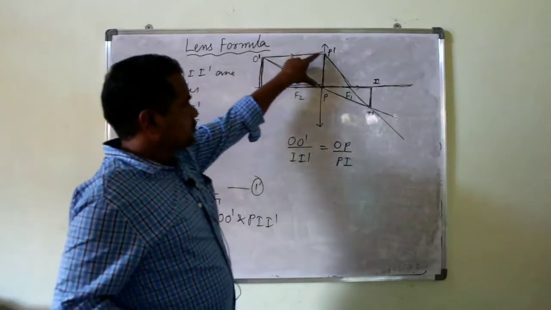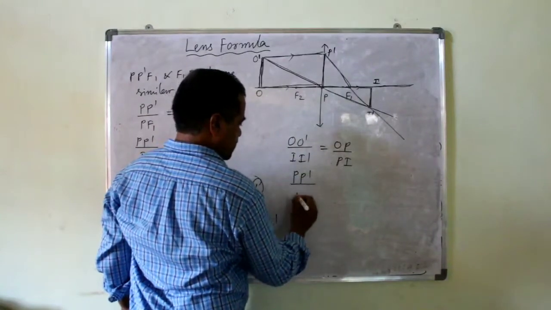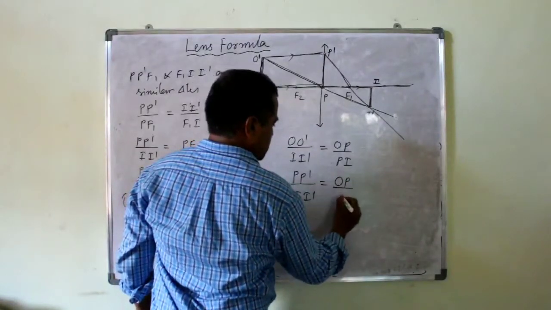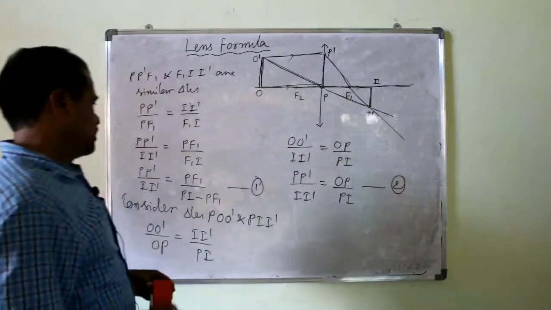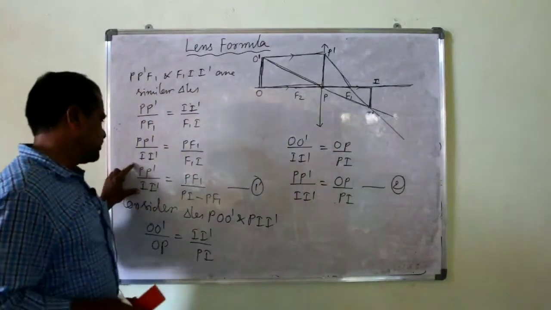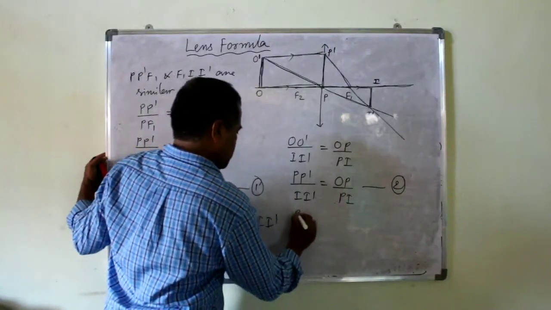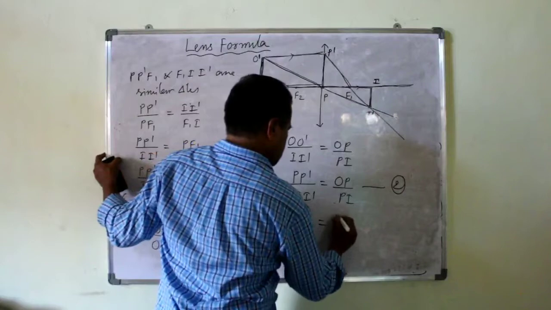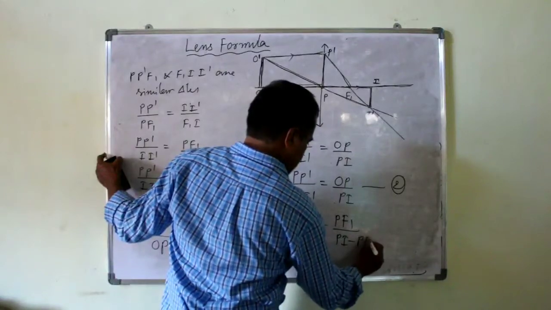This is treated as equation 2. If you observe equation 1 and equation 2, in both equations we get the same LHS value. So if you equate these two equations, we get PO by PI is equal to PF1 by PI minus PF1.